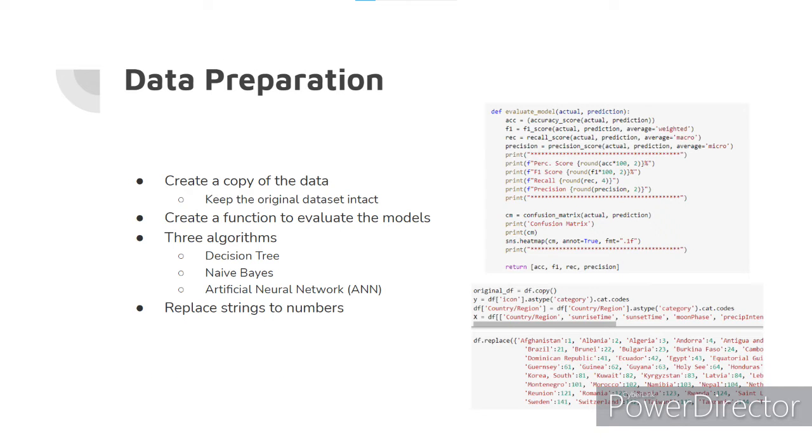After importing the data to our code, we created a copy of the data so that it can keep the original dataset intact. Before we start to work on the dataset, we created a function to evaluate the model after we have done the 3 algorithms: decision tree, naive Bayes, and artificial neural network, which is also called ANN.